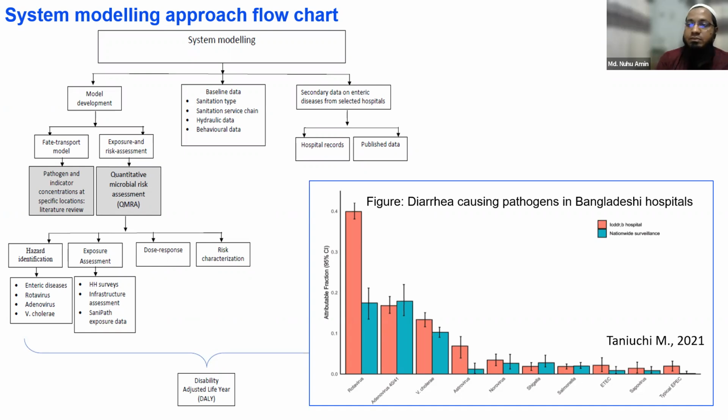They have done wonderful work in Bangladesh exploring the enteric pathogens and the causes of enteric diseases. So we will use that information on pathogens to feed our model, and then we will do the exposure assessment from the household survey and infrastructure assessment.